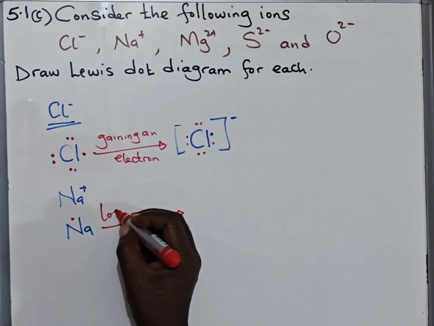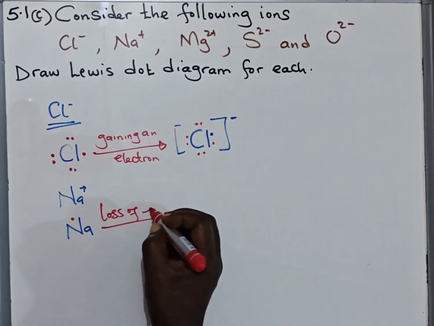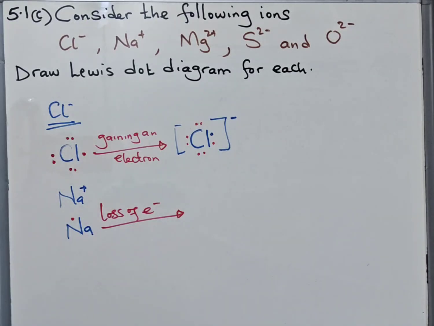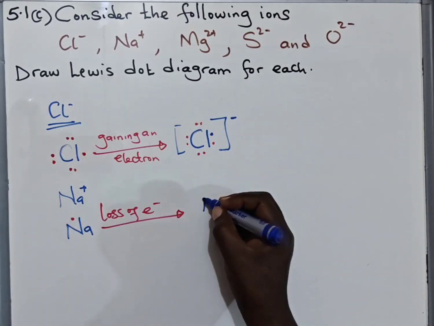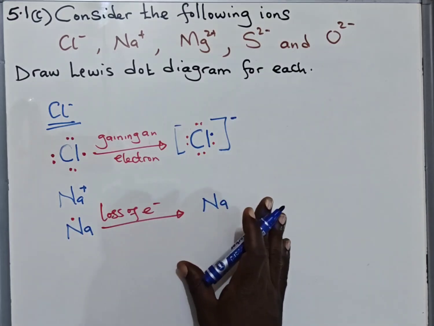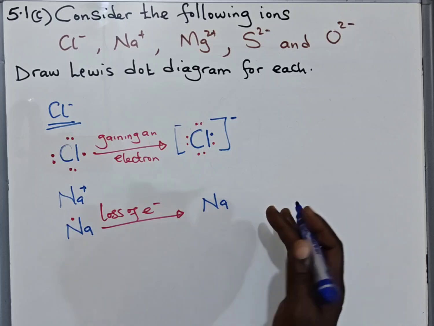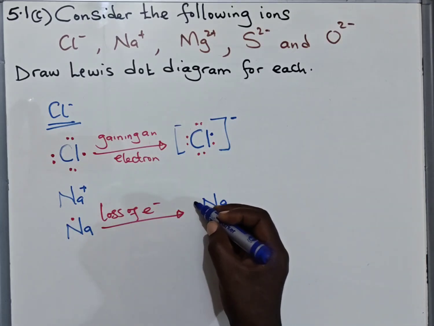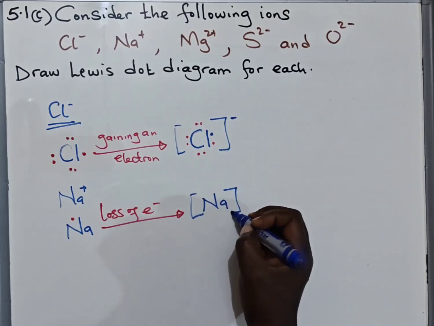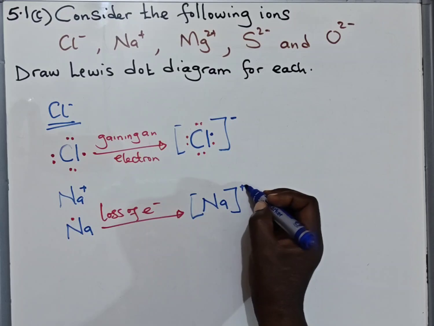So we have loss of electron. So when an electron is lost, our sodium will come like this without any electron. So what do we do here? We put a bracket and we put a charge here.